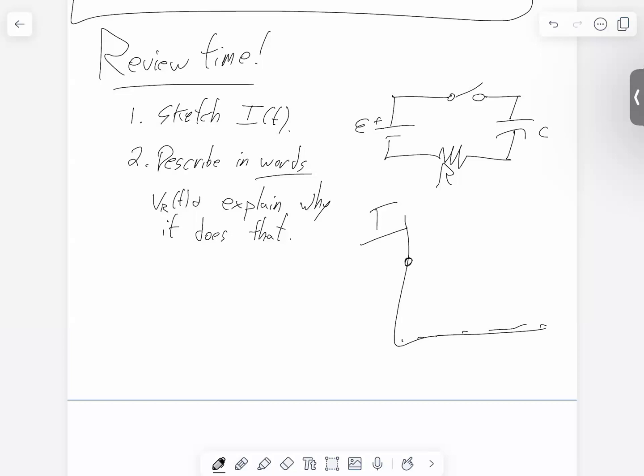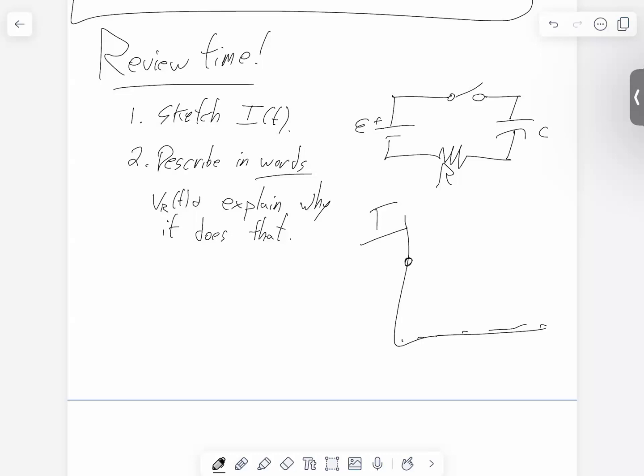V equals IR. If I is 0, then voltage across the capacitor is then, if the resistor burns no voltage, how much voltage is left for the capacitor? All of it.